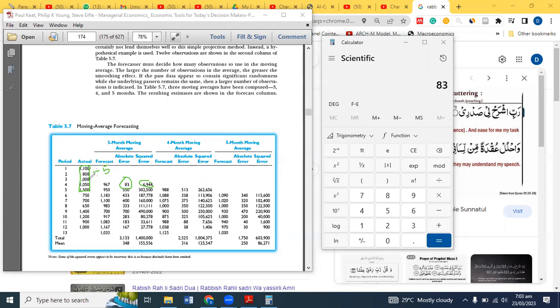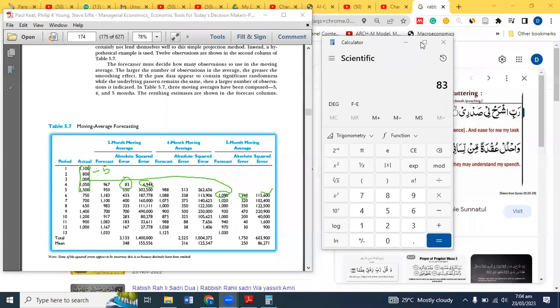The answer could be closer to this value, and it should be compared to the 6th month sales, right? If you take the difference, you can generate the absolute error. If you take the square of this value, you can have this value. Okay. This is for today.